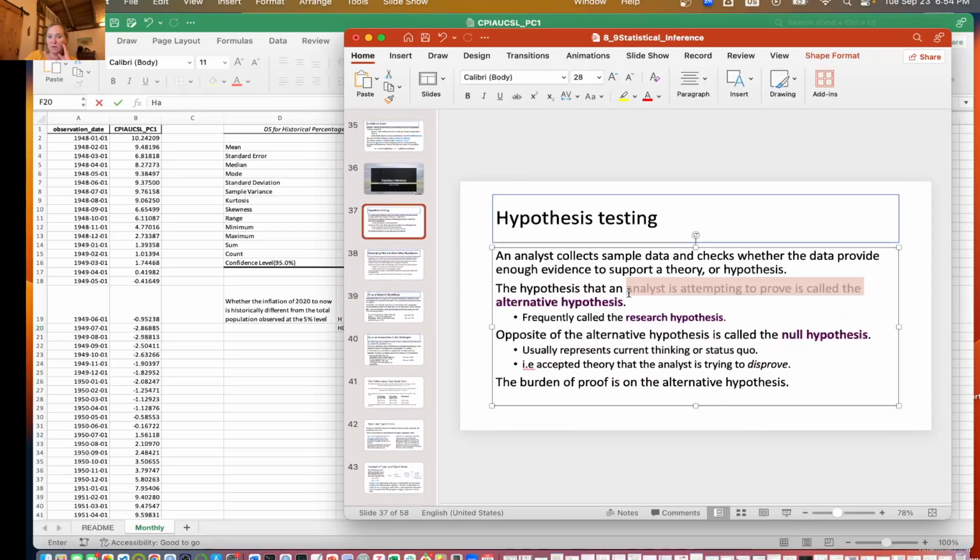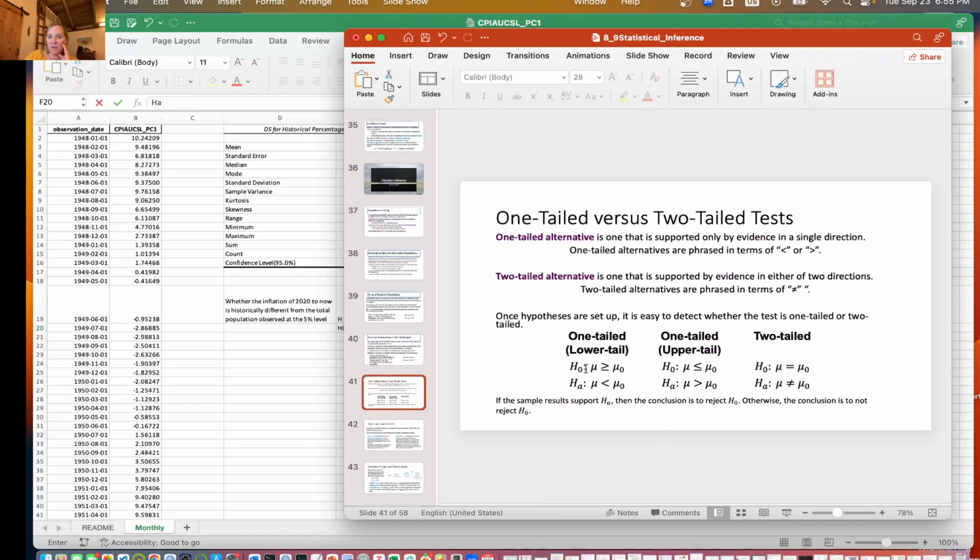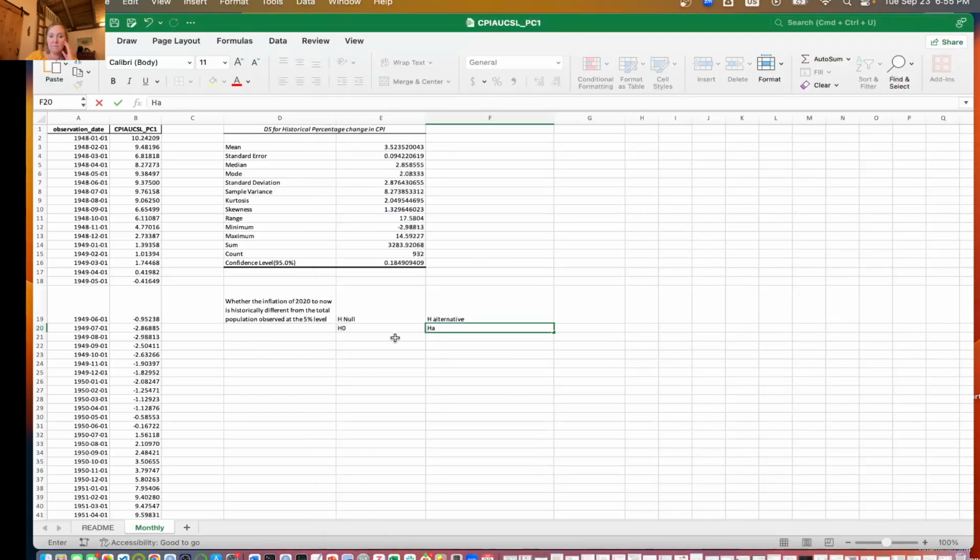Alternative hypothesis or the null hypothesis. And then you can observe that here as the H0 or the HA. Okay.